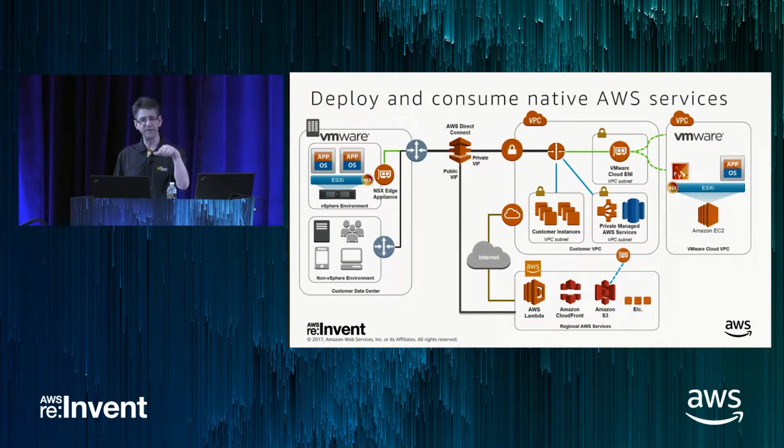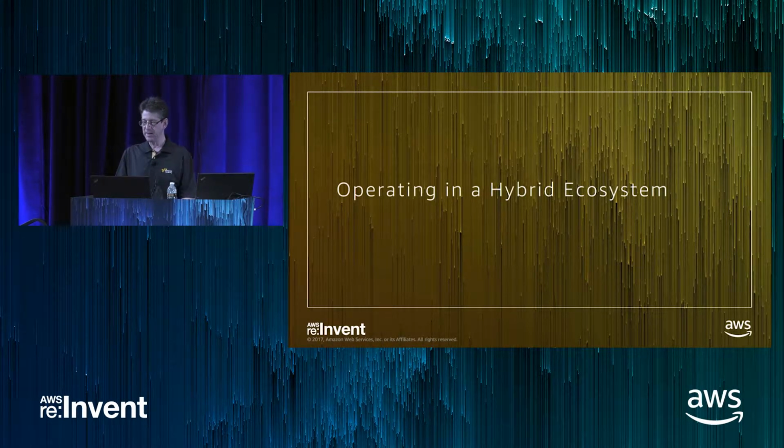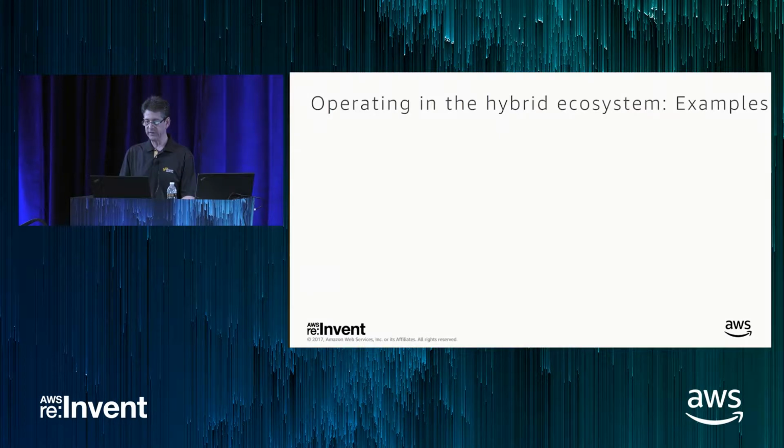I want to dive into how it works and go a little bit deeper than these diagrams. So let's talk about operating in a hybrid ecosystem. I've got a couple examples. By hybrid in this case, I mean you have some things that you're running on the VMware side and some things that you're running on the AWS side. I'll go through a number of examples of what those kinds of things might be.